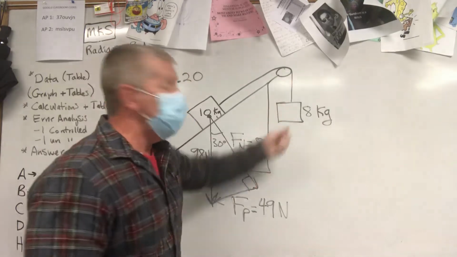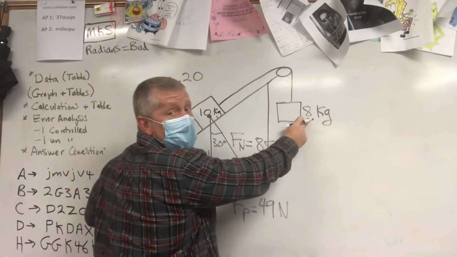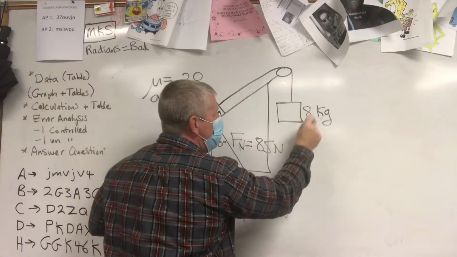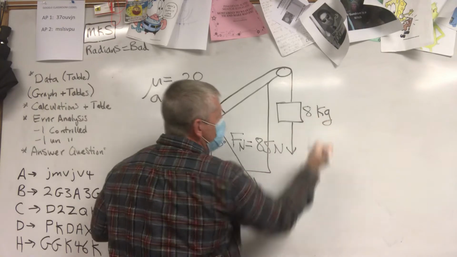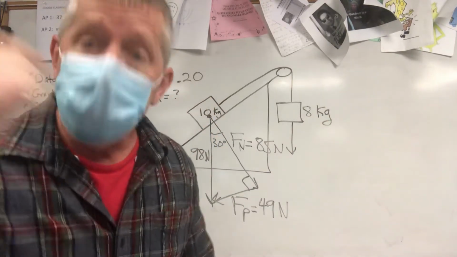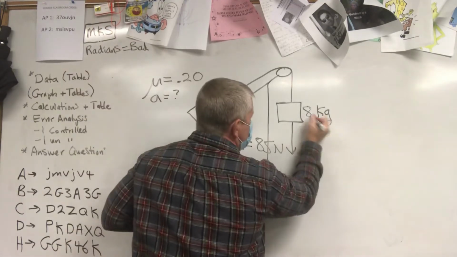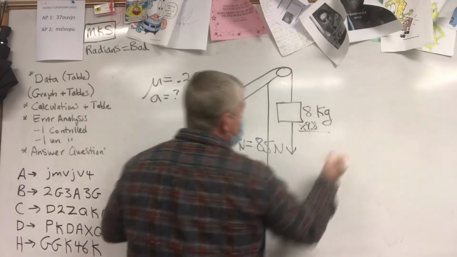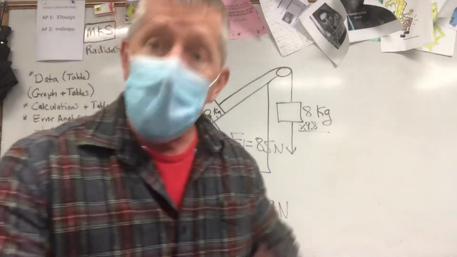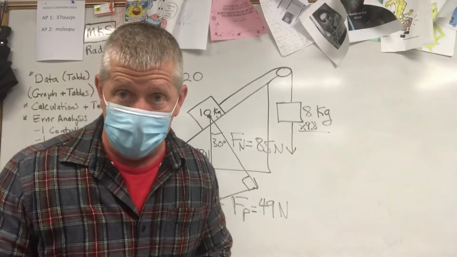Now, this is saying, come to Mama. This, however, is not a force, it's a mass. To get the force that's pulling, we're going to multiply this by gravity pulling on it at 9.8 acceleration rate. So 8 times 9.8 gives me the force of weight trying to move this box up the inclined plane.